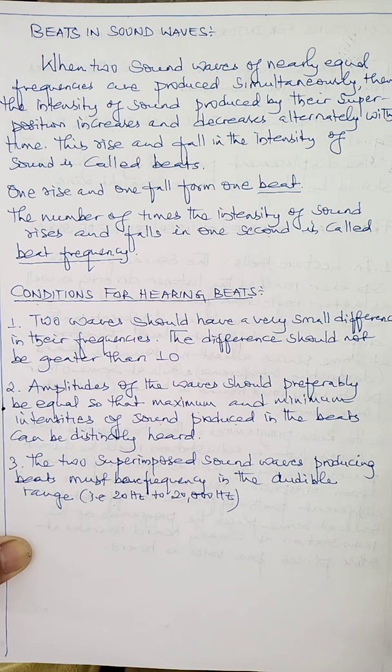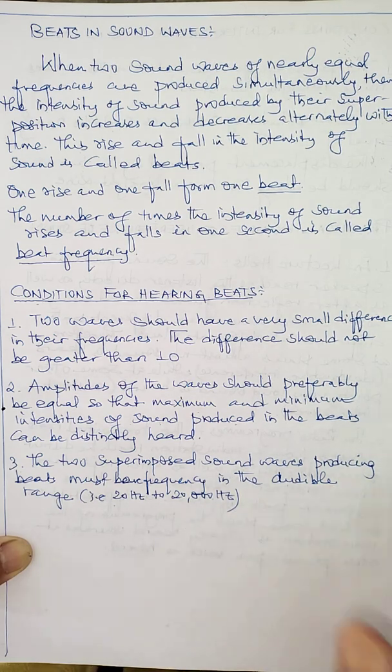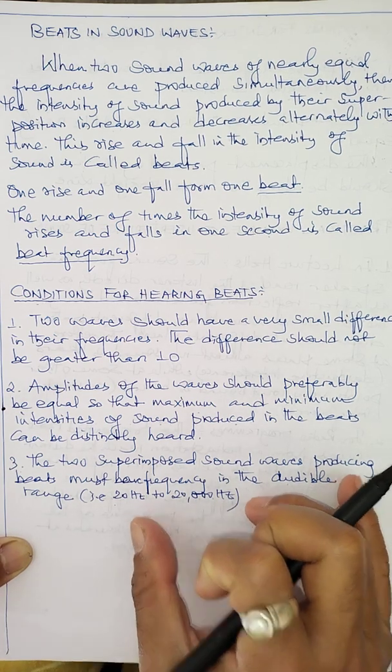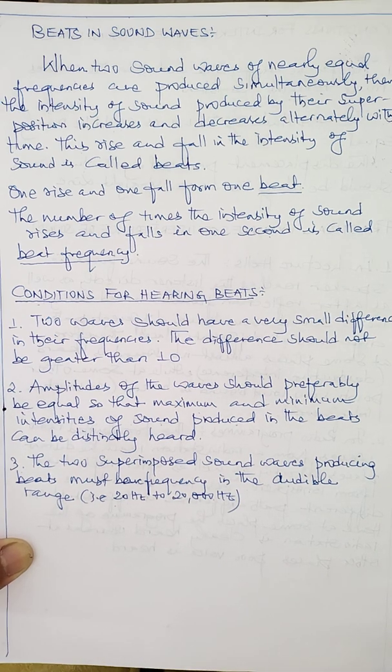Sound of frequency greater than 20,000 Hz is called ultrasonic sound, which cannot be heard. And sound of frequency less than 20 Hz is infrasonic sound, which also cannot be heard. That's why the frequency should be in the audible range, 20 Hz to 20,000 Hz. So these are the conditions for hearing beats.